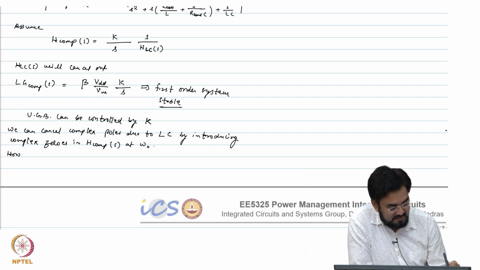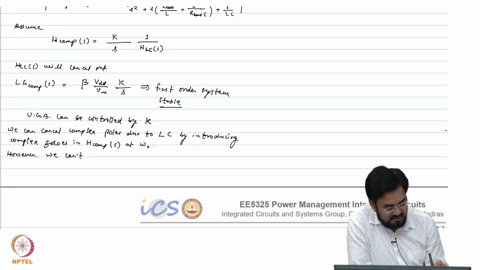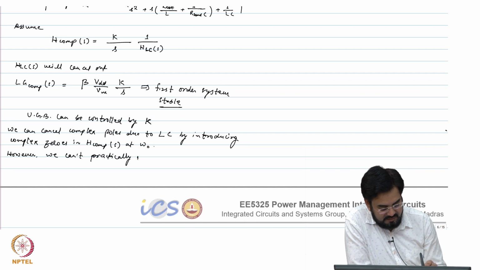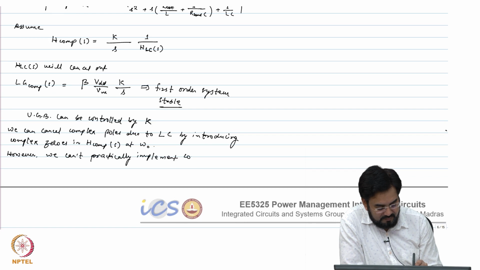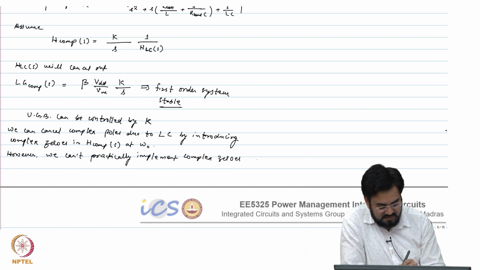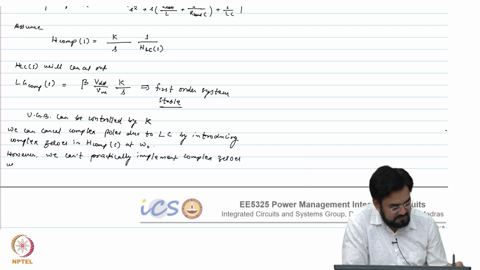However, we can't practically implement complex zeros with omega naught equal to 1 over square root LC.